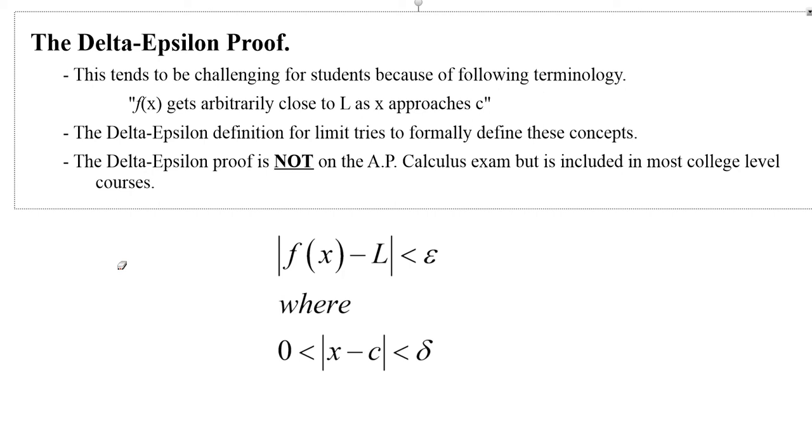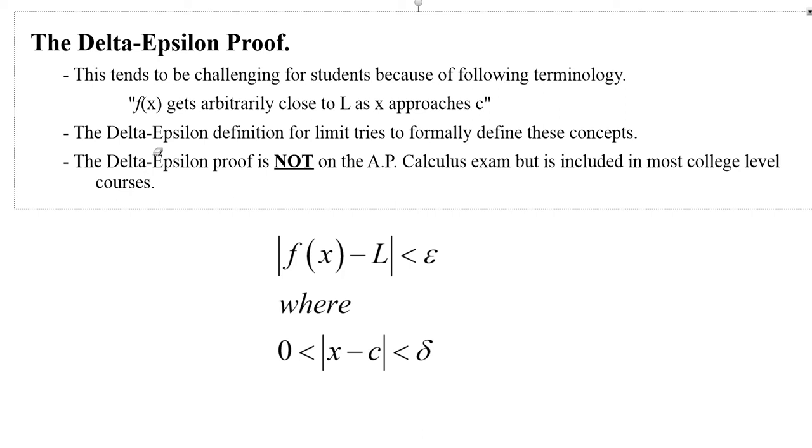But I definitely want to introduce this because it does try to define some kind of hard concepts. It's not necessarily on the AP Calculus exam, but it's definitely going to be on any college level course that you would have. So at least we'll get an introduction to it.